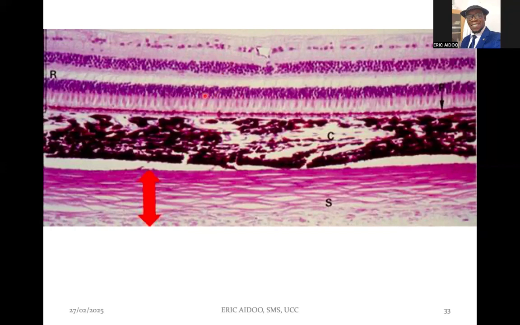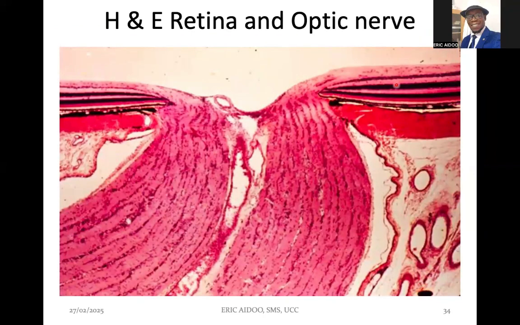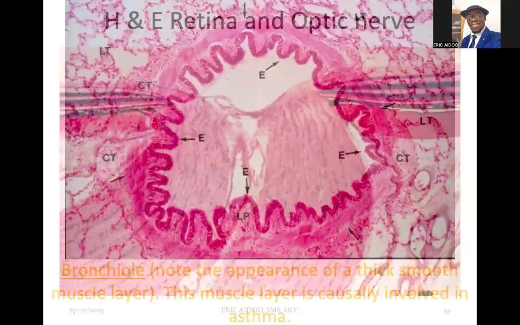You are looking at the cell bodies of the bipolar neurons and the ganglionic cell layers as well. That is the choroid, that is the sclera. You can see a very nice arrangement, dark and light. The dark ones are hematoxylin, the light ones are eosin. It's also a portion of the retina and the optic nerves that are traveling.